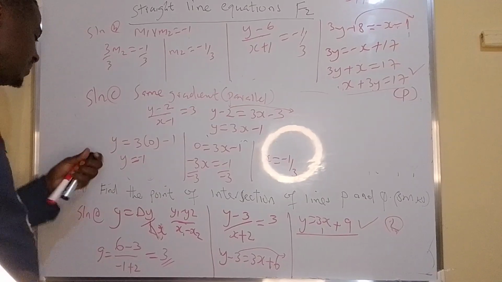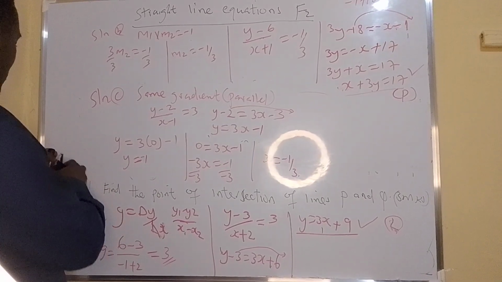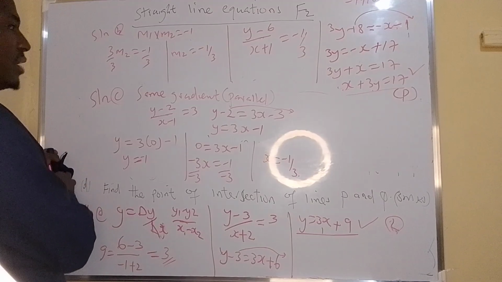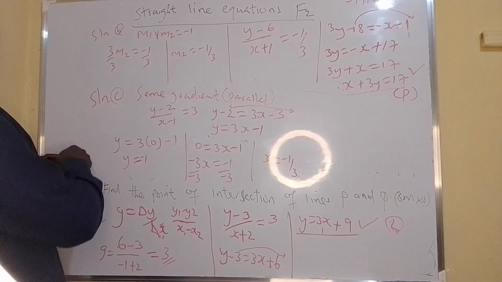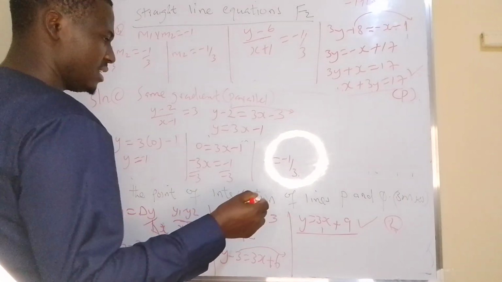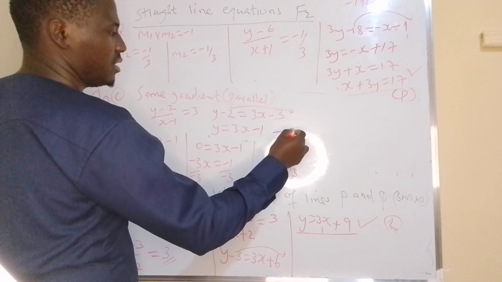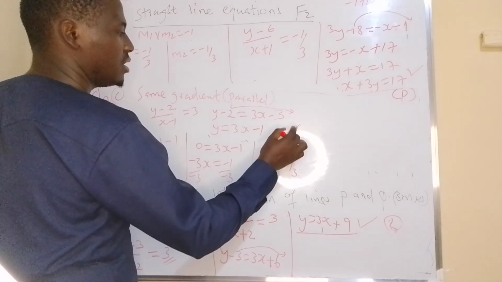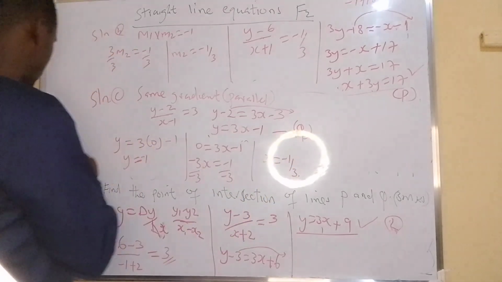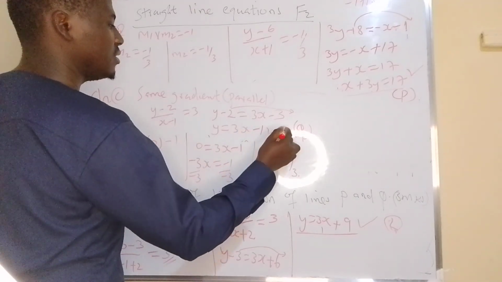The last question is saying, find the point of intersection of lines P and Q. This one is line P, and this one is line Q, the equation on the right.